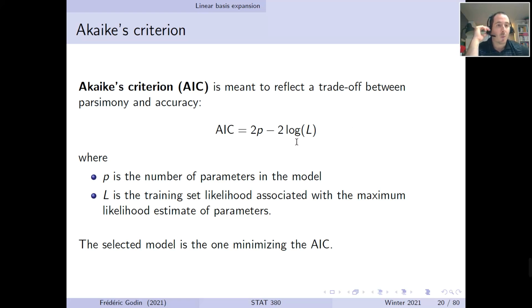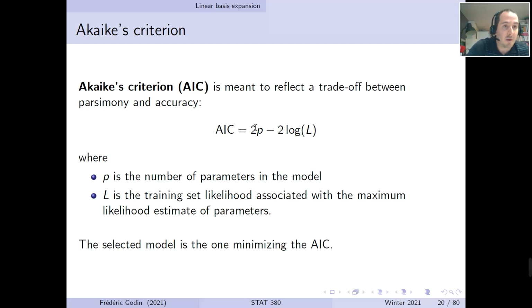Okay, so why do we want to minimize this? Well, this 2p represents the number of parameters. So if we want the model to be parsimonious, we'd like to have a number of parameters that is as small as possible.